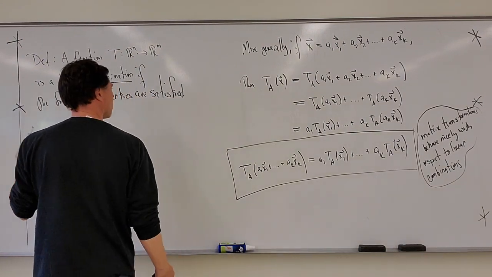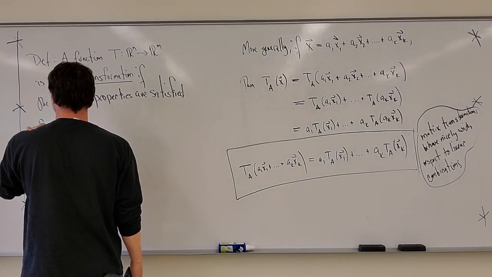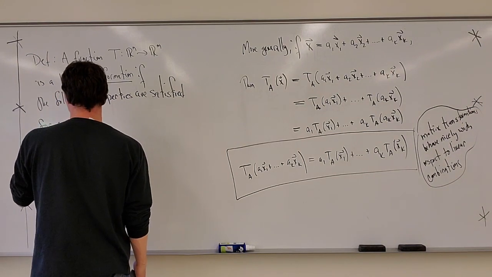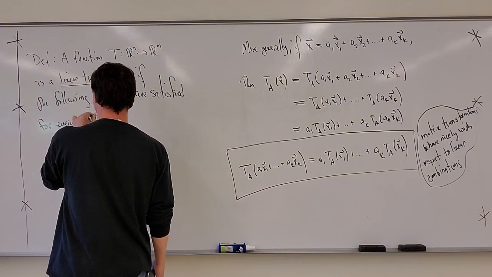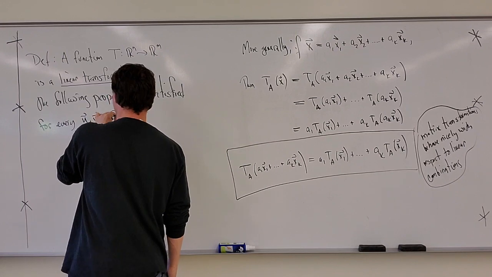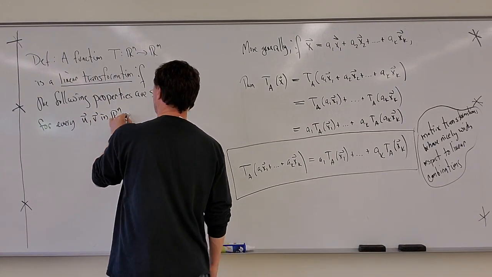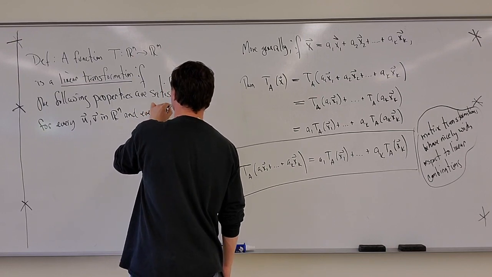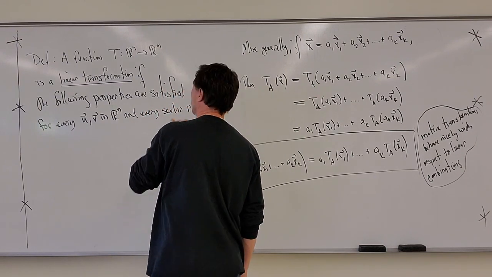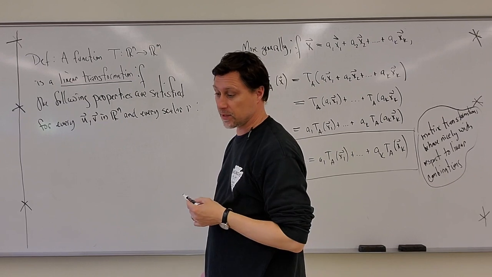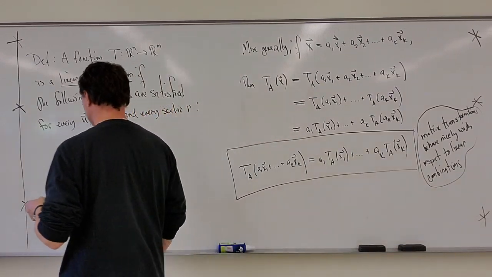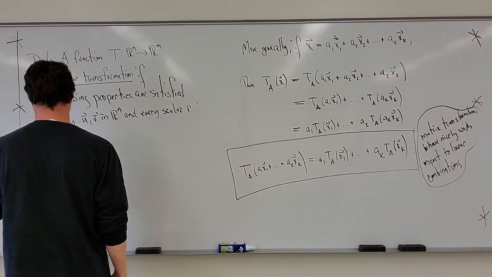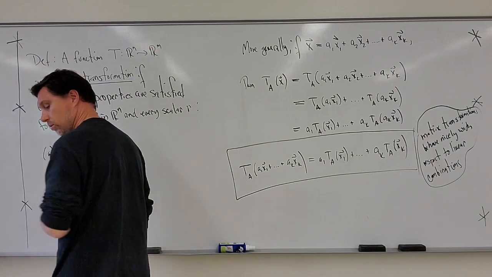For every, let's get this right. So for every, say, vector u and v in Rn, and every scalar r. Right, so now I need to write down the properties that are satisfied. So property A, which order do I want to do this in?